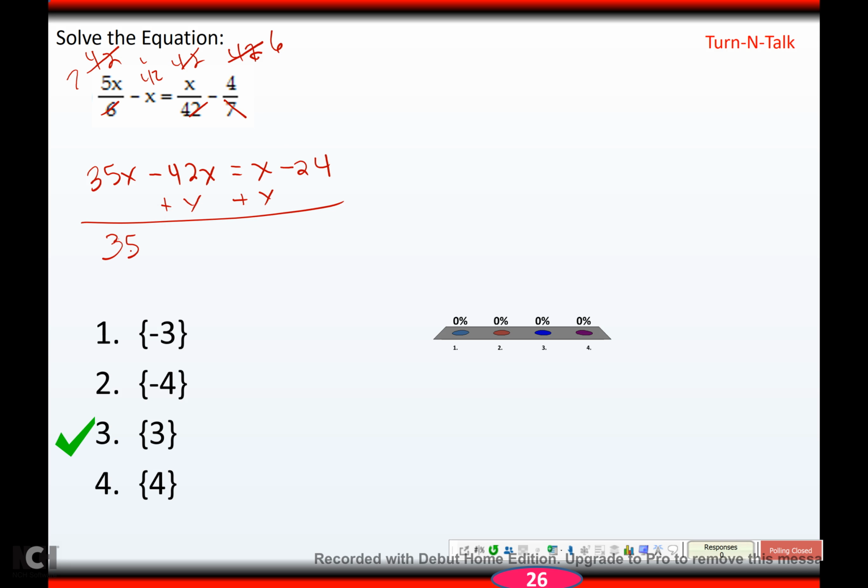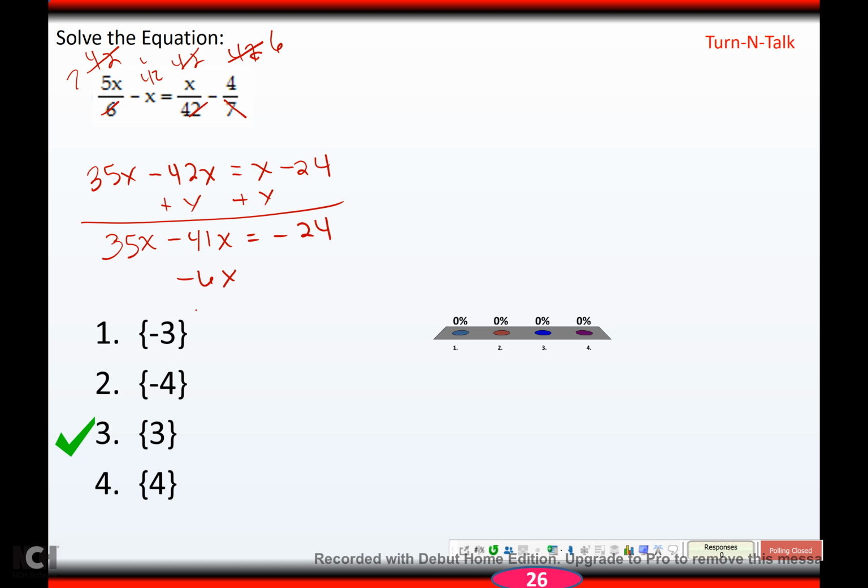It doesn't matter what order you go in. So I got 35x minus 41x equals negative 24. And if I do 35 minus 41, I get negative 6x.